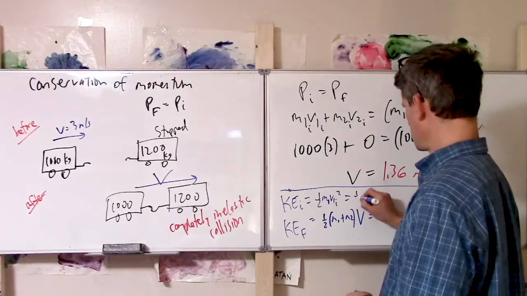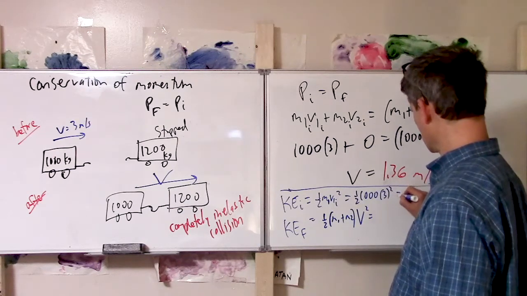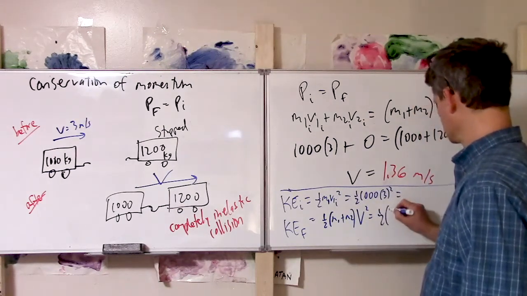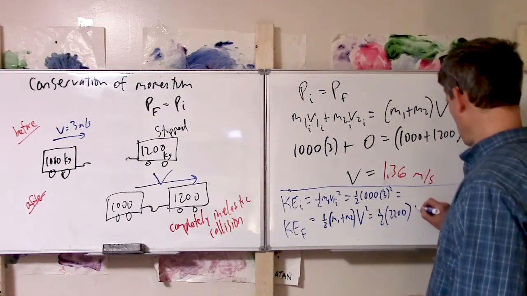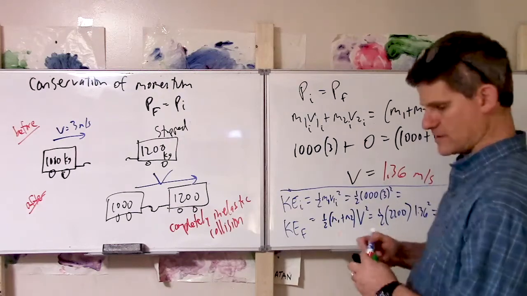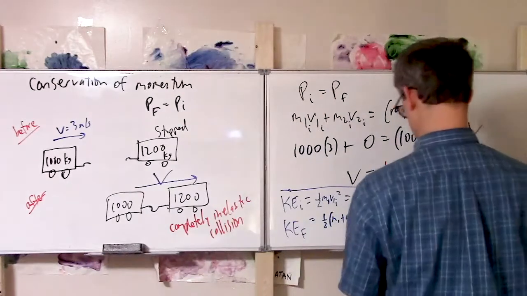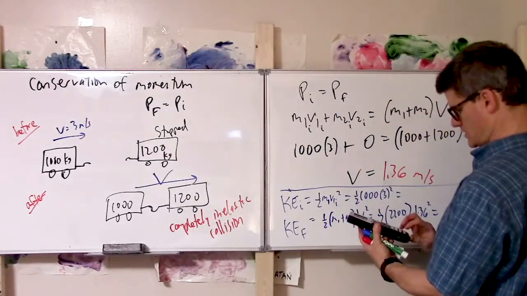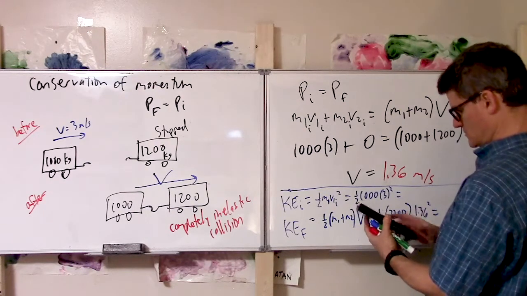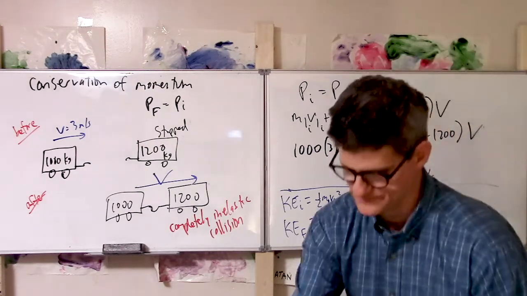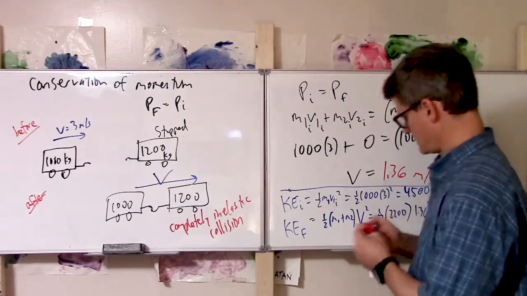All right, so that's 1/2 times 1,000 times 3 squared, and then 1/2 times 2,200 times 1.36 squared. So let's see what we get here. 1,000 times 9 divided by 2 is 4,500 joules. That's what we started with.